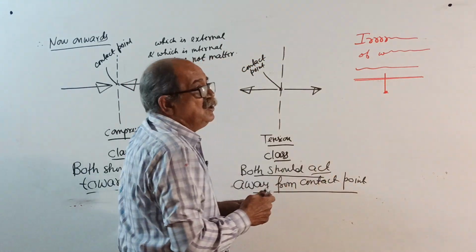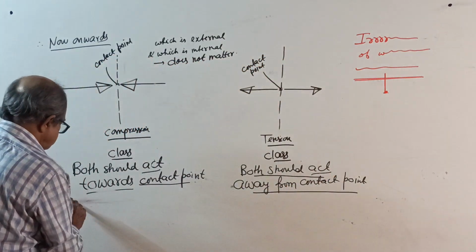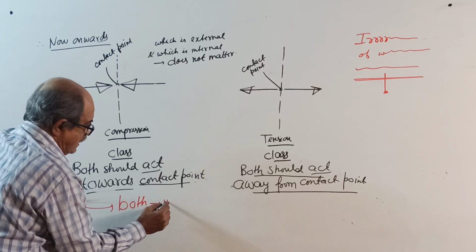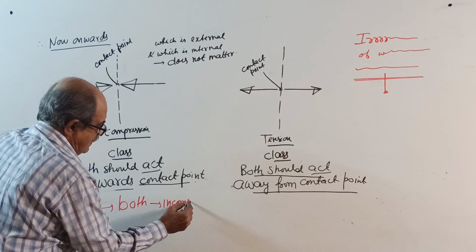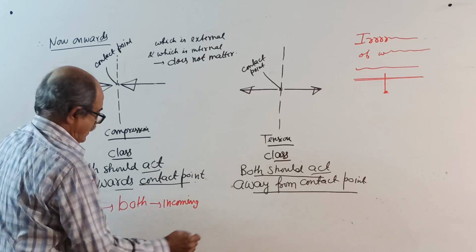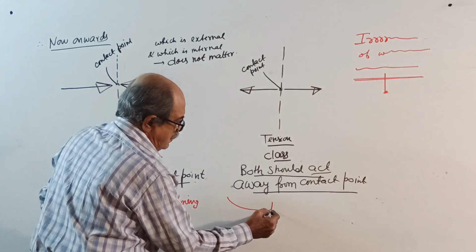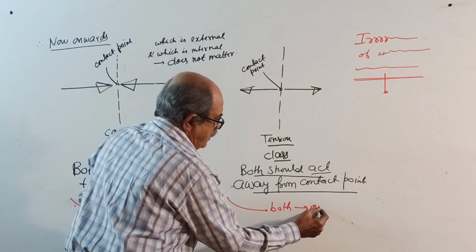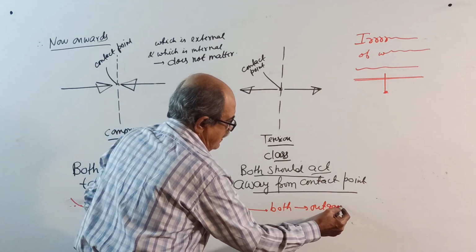What you do is, to the contact point, both should be incoming, not telephone call incoming. To the contact point, both should be outgoing. Both should be outgoing. See here, outgoing.